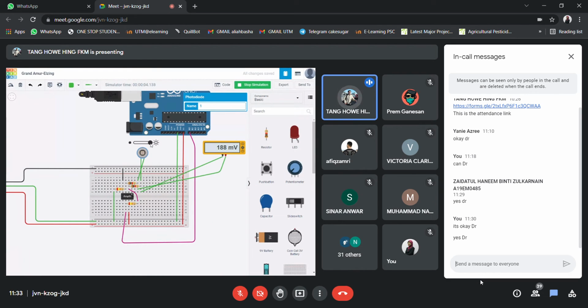I think most probably this photodiode by itself may have some form of resistance, and once you connect it to here, this resistance and the resistors over here combine together, and that's why it gives you this very weird relationship.